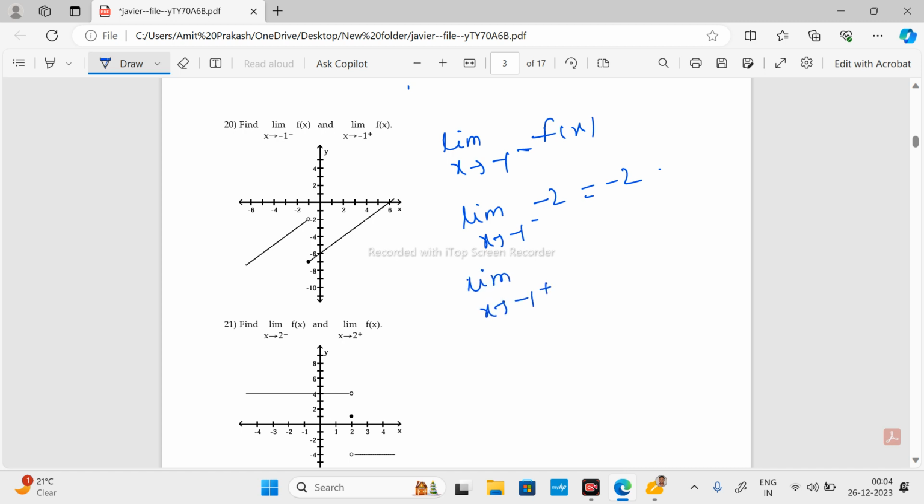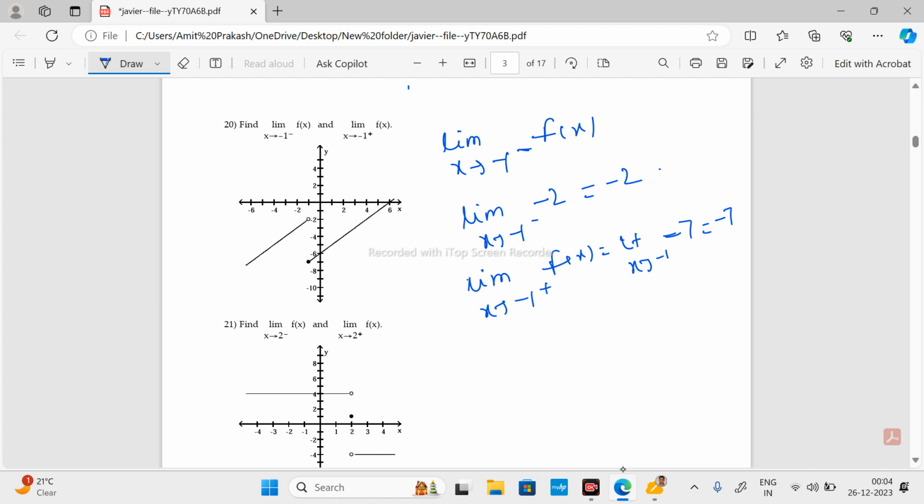minus 1 plus, at the right side of the minus 1, the value of the function is minus 7.